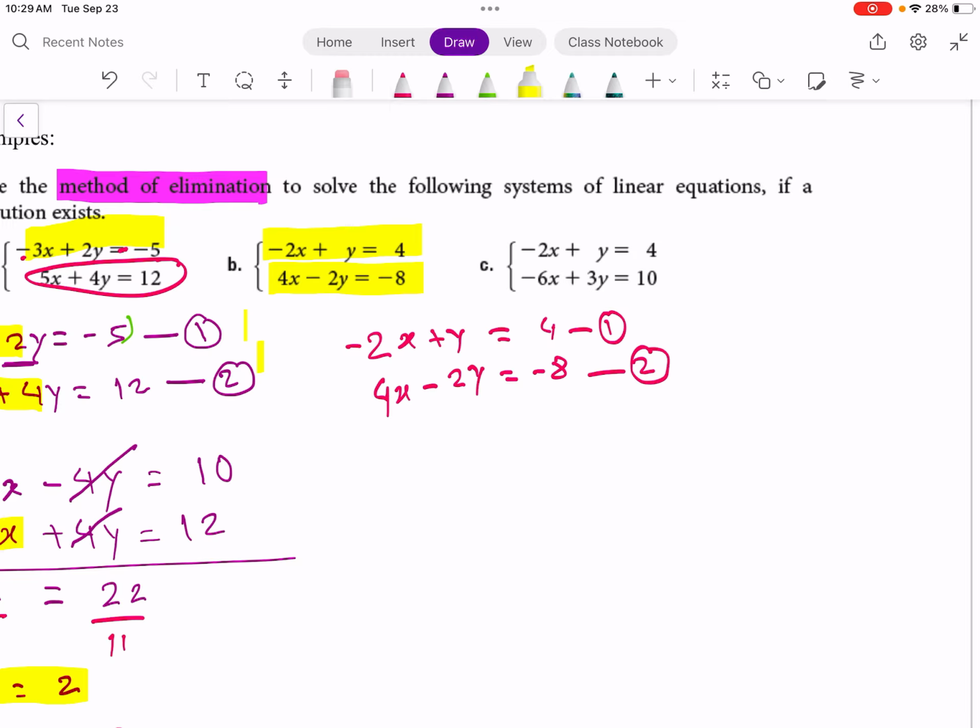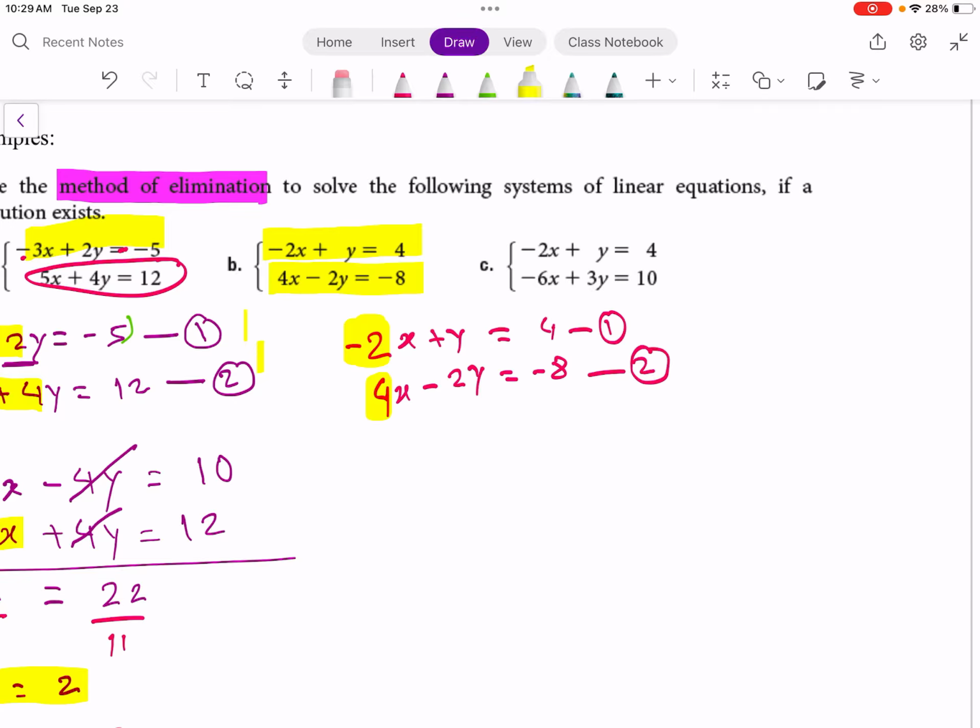Now, this x has a coefficient negative 2, and this has a coefficient positive 4. Our target is making these two numbers exactly the same with opposite sign. Now here we already have negative and it is already positive. If we can make this negative 2x into negative 4x, then we can eliminate our x.